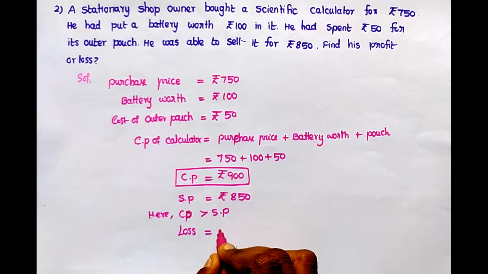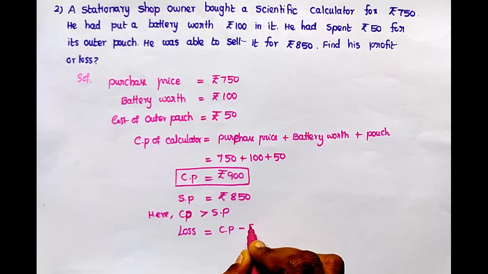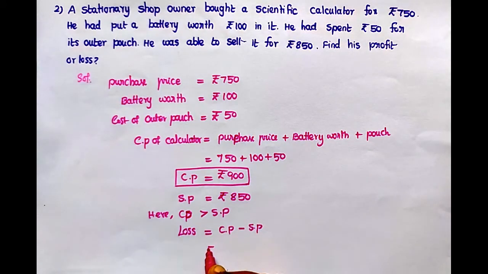How much loss? Equal to cost price minus selling price, that is equal to 900 minus 850, so 50 rupees loss.